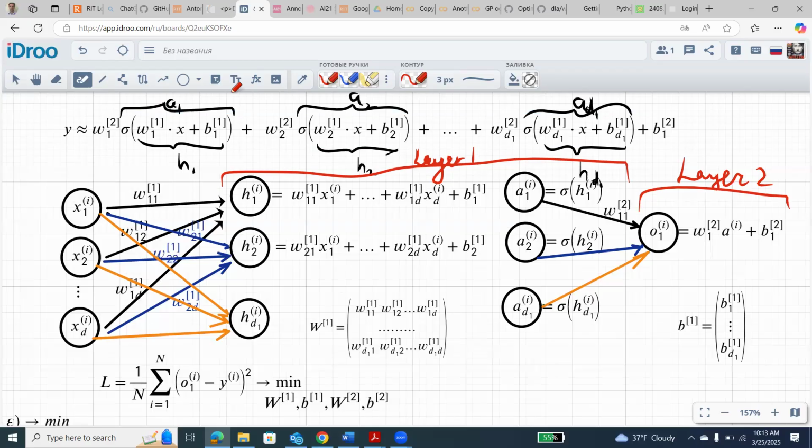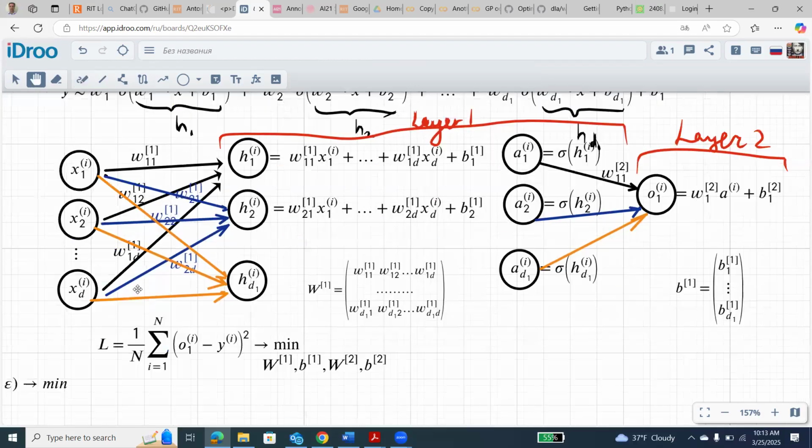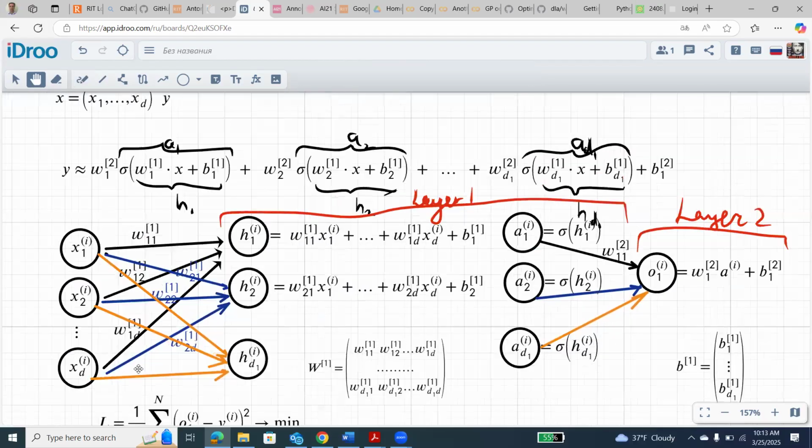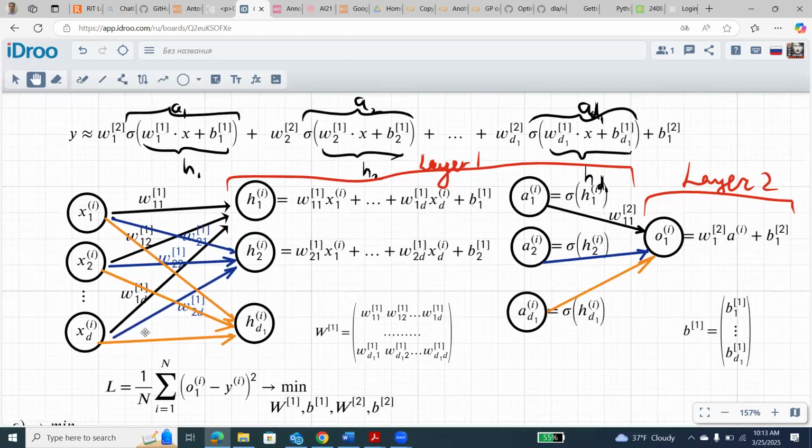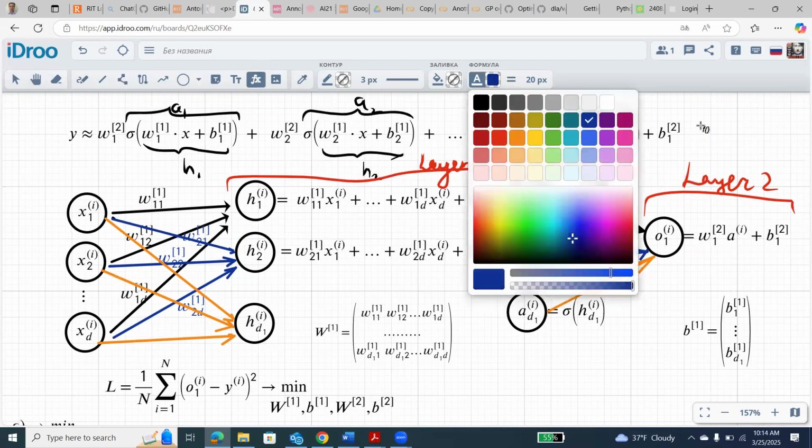So, okay, let's do our first problem solving: to calculate the gradient with respect to weight W12. So the weight W12 will be here.